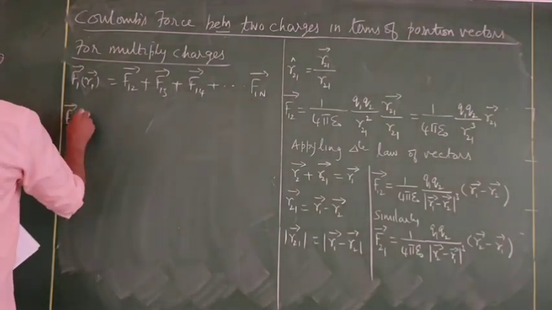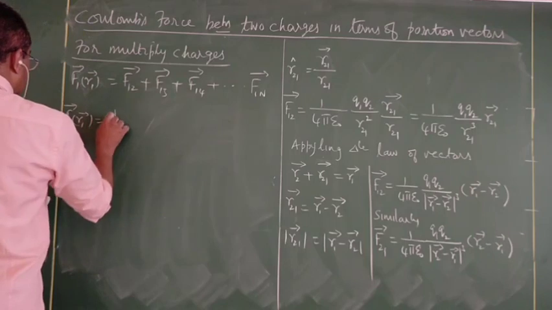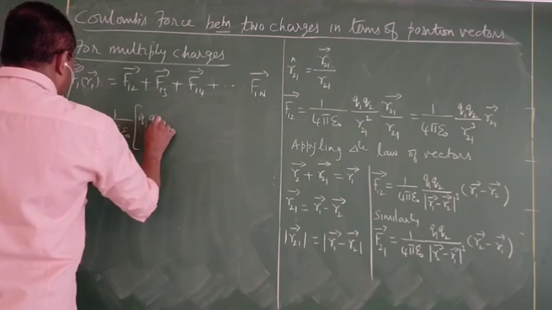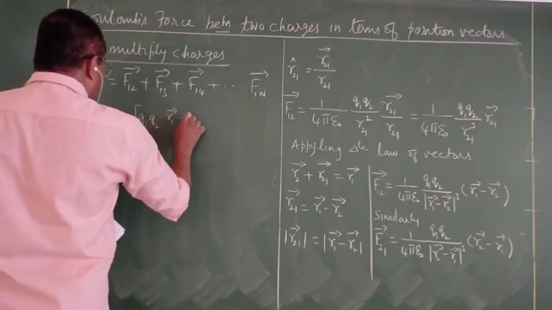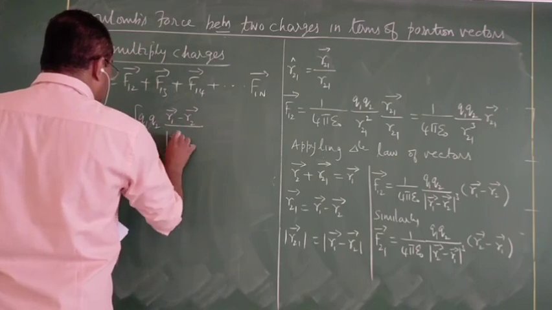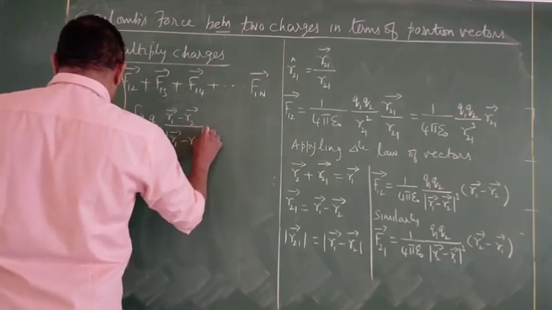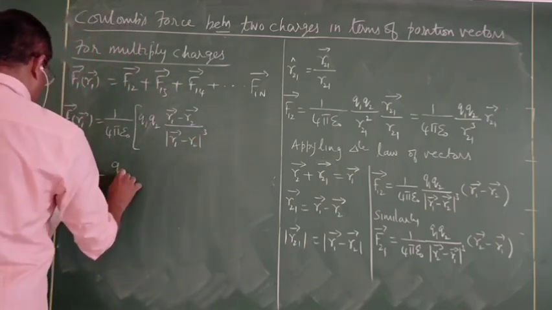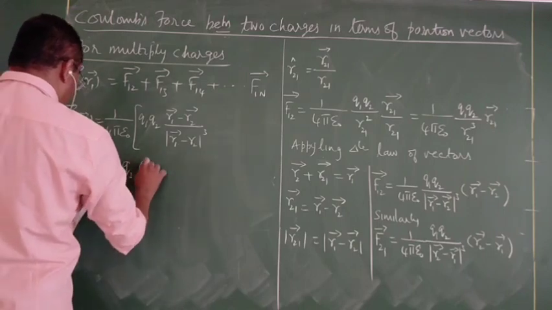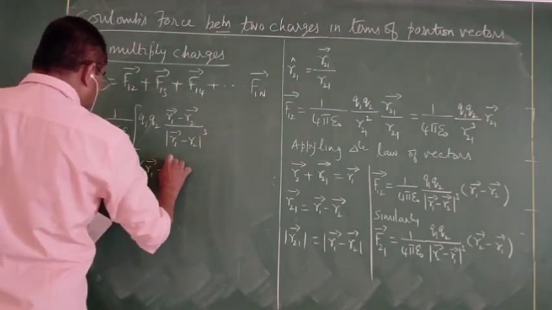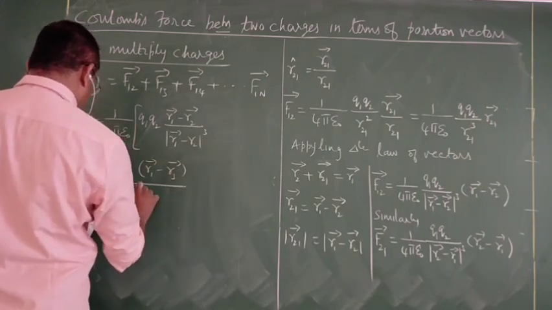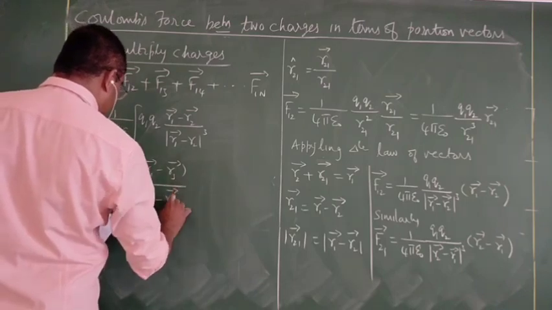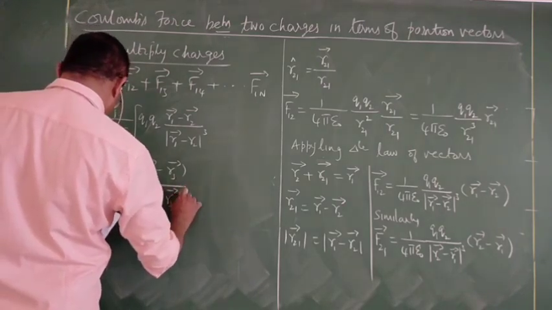F1 vector of R1 position vector is 1 by 4 pi epsilon naught Q1 Q2 R1 vector minus R2 vector upon mod of R1 vector minus R2 vector the whole cube, plus Q1 Q3 R1 vector minus R3 vector upon mod of R1 minus R3 vector the whole cube.